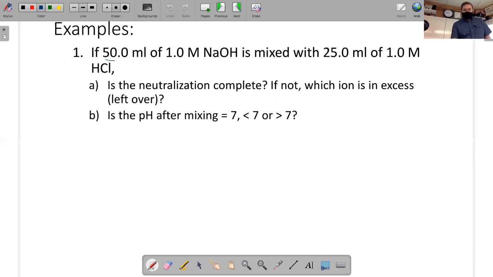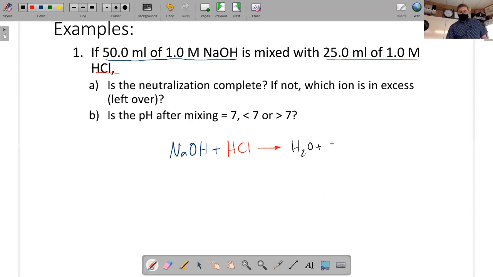We're going to take 50 milliliters of 1 molar sodium hydroxide. So sodium hydroxide is a reactant. We're going to mix it or react it with 25 milliliters of 1 molar HCl. So sodium hydroxide plus HCl is going to make water, H2O, plus NaCl.